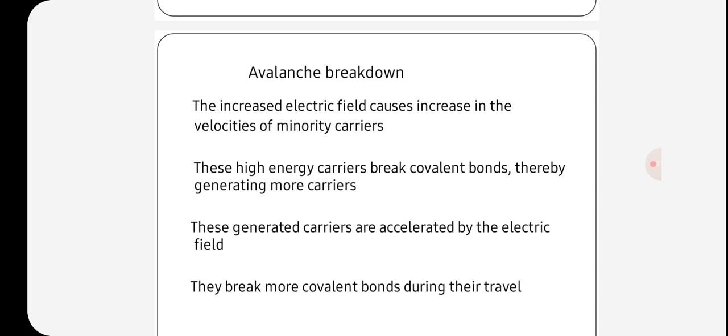So the increased electric field causes an increase in the velocities of minority carriers. These high energy carriers break covalent bonds, thereby generating more carriers. These generated carriers are accelerated by the electric field, so they break more covalent bonds during their travel.